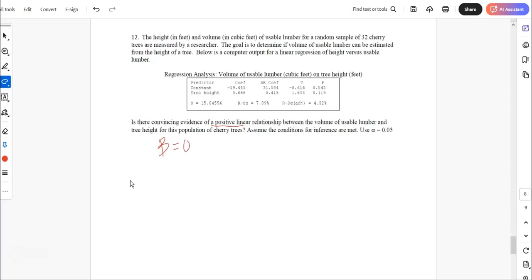So beta equals 0, this is the null, and the alternate is that beta is greater than 0. We think it's going to be a positive slope. Conditions: oh, this is so nice when they say that. Okay, so this is called a t-test for slope.